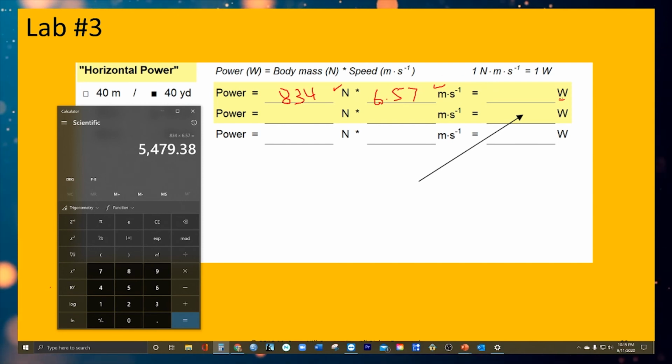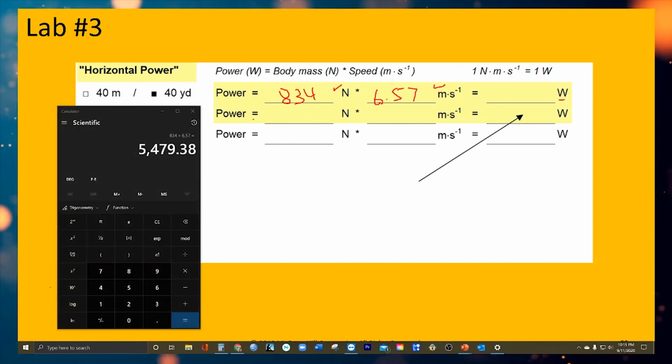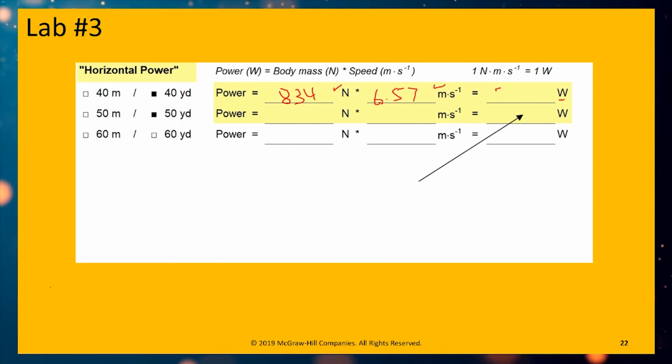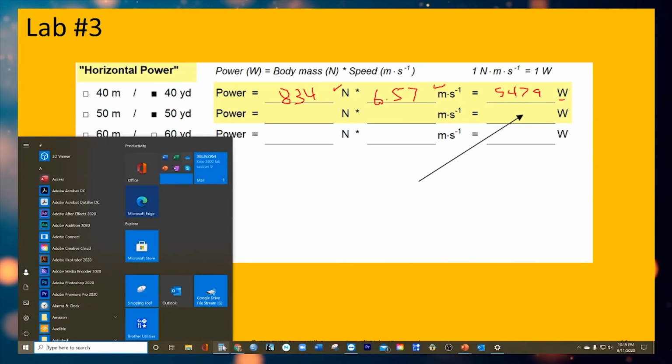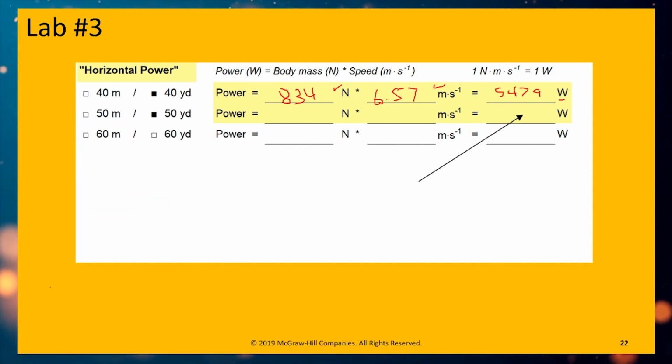And remember, we're dealing with watts, so that number makes sense intuitively. So it's 5,479.